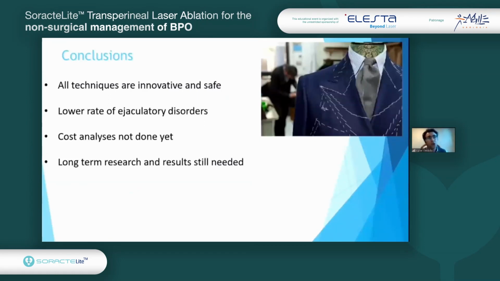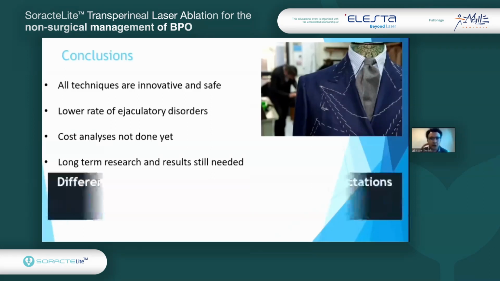Not all the techniques have a long history, but we have to take into account the novelty, and look with great attention especially to this TPLA, which in the future, sparing an approach through a transurethral approach, could be very interesting. Of course, long-term research and results are still needed, especially of high quality, as Professor Bove and his team are doing.